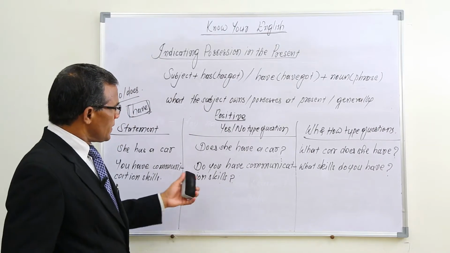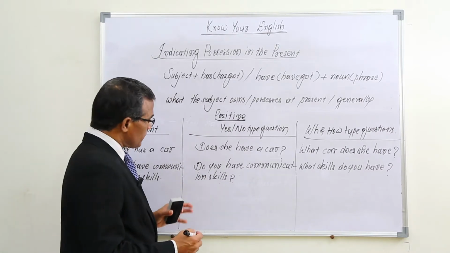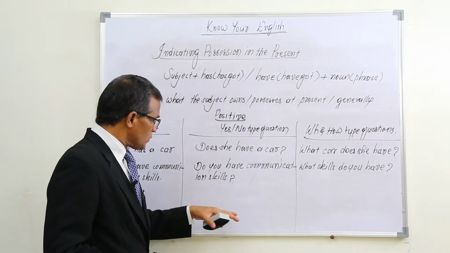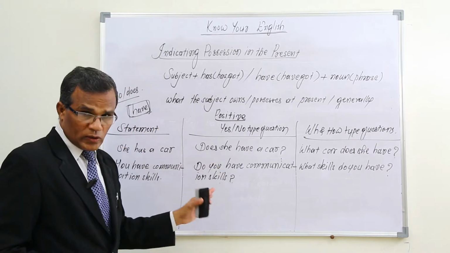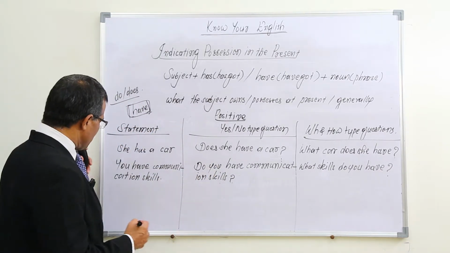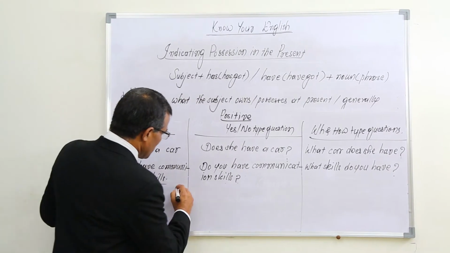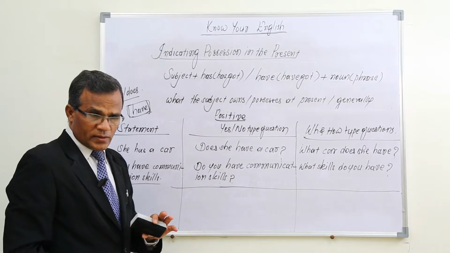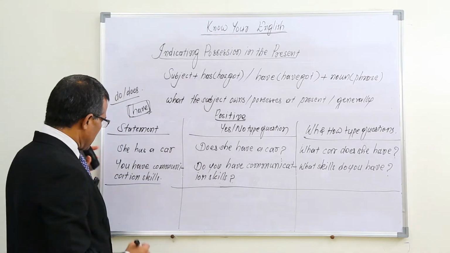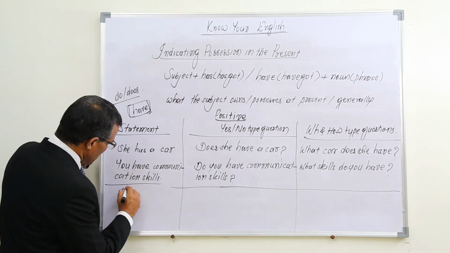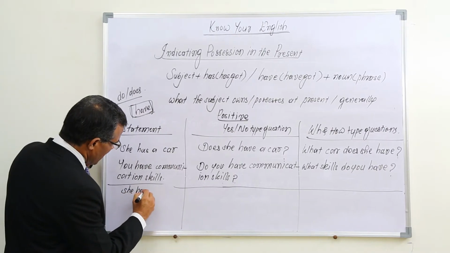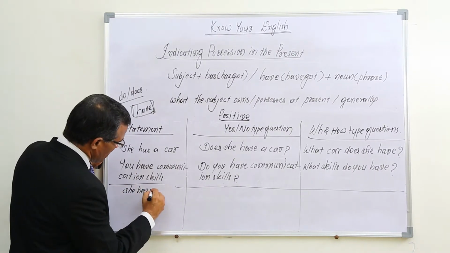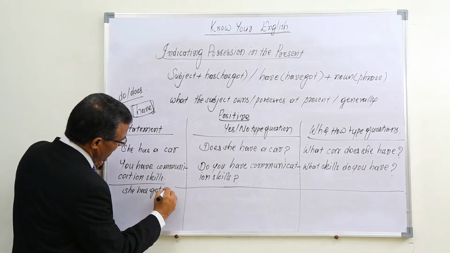Okay, and negative, for example. In the same way, even positive also, has got and have got also. Let's see. If it is has or has got, have or have got, making a question is different. For example, instead of has, I am using, she has got a car.